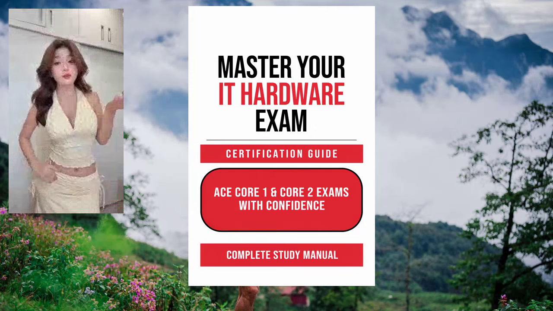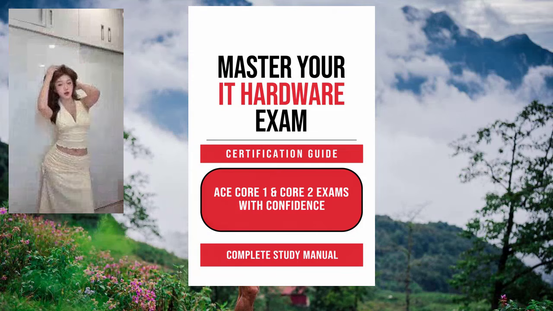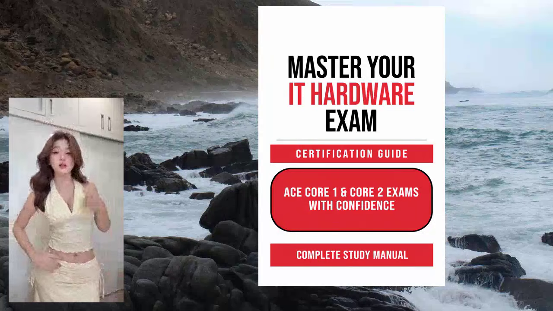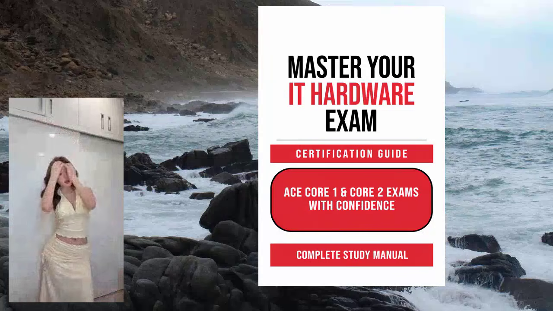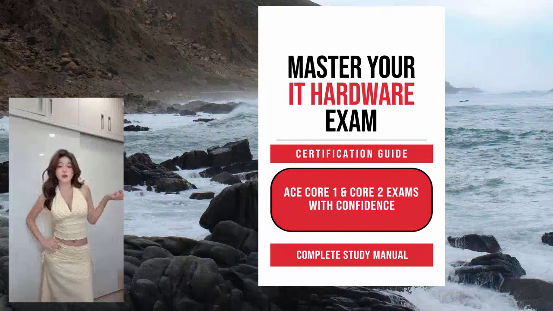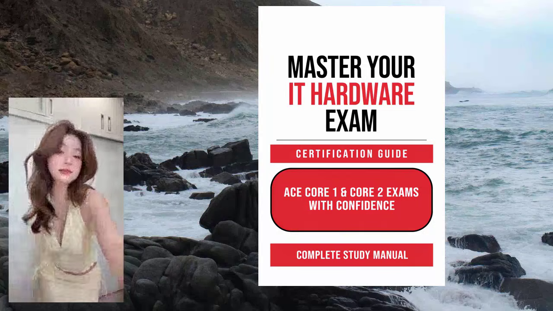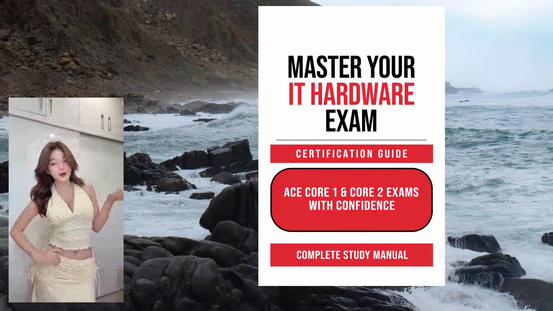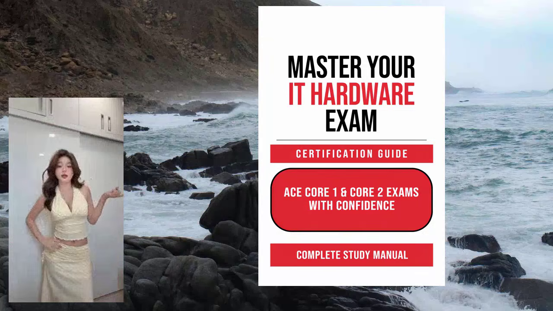Number 2, tablets. Hardware overview. Tablets are portable devices that combine the functionality of a computer with the mobility of a smartphone. Tablets use touchscreens for input and often rely on wireless connections for internet access. Key components. Processor: tablets use ARM-based processors like Apple's A-series chips or Qualcomm's Snapdragon processors that are highly efficient for mobile applications.